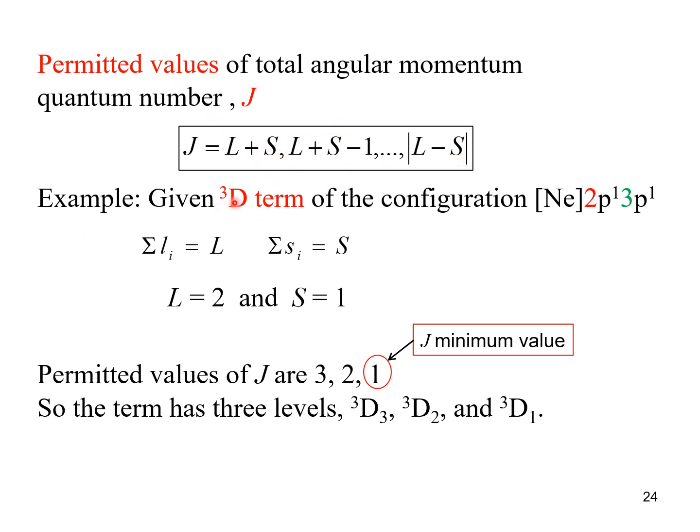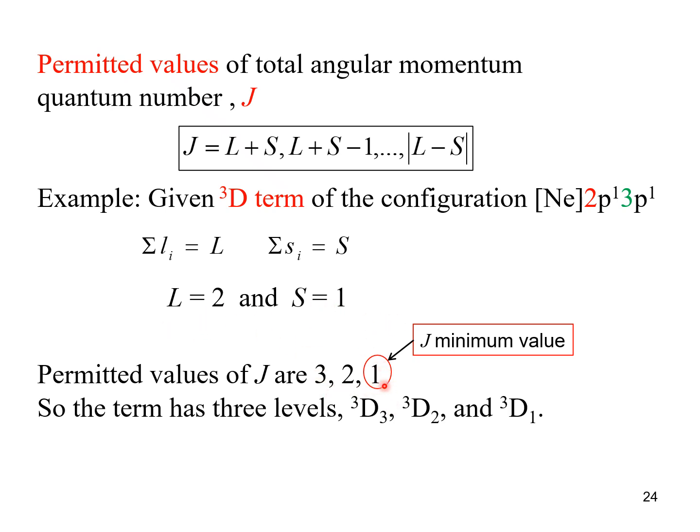For example, if you are given a triplet D term of the configuration of neon 2p1 and 3p1, and it is given that the total Lz equals L and the total Sz equals S, where L equals 2 and S equals 1. The permitted values for the total electronic angular momentum quantum number are L plus 1, which is 3, and L minus 1, which is 1.